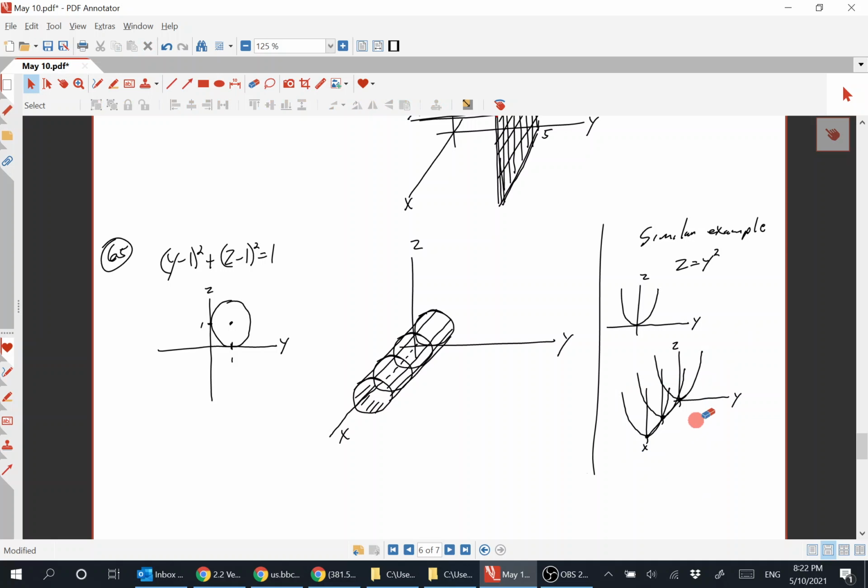And that's called a cylinder construction. Then you just connect them up by lines parallel to the x-axis.